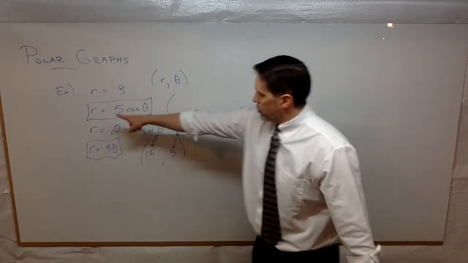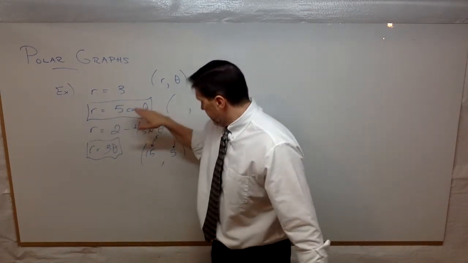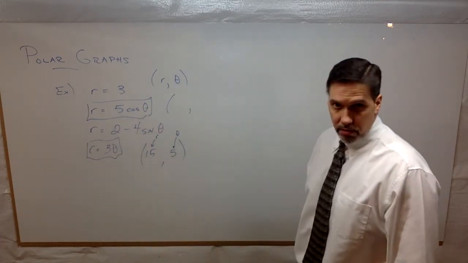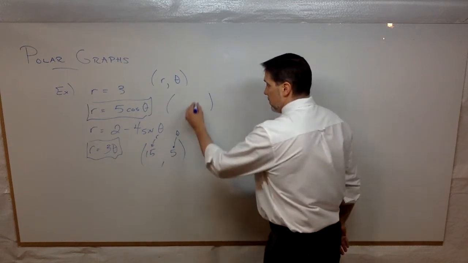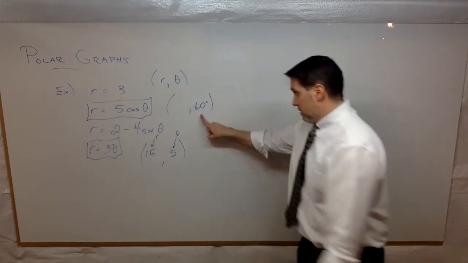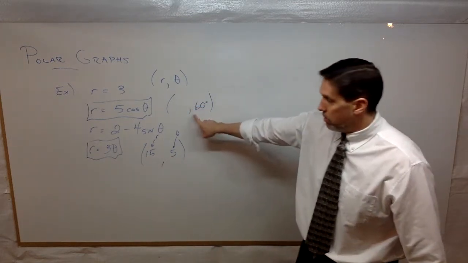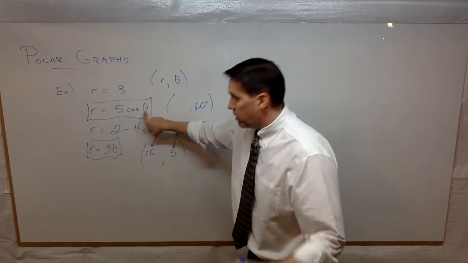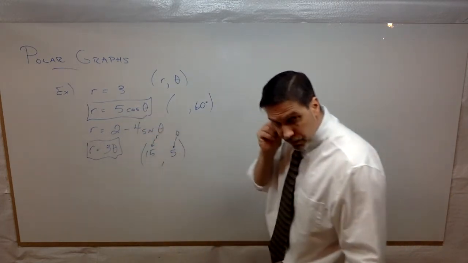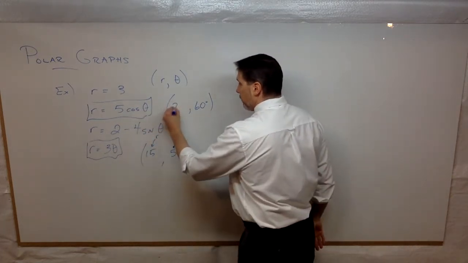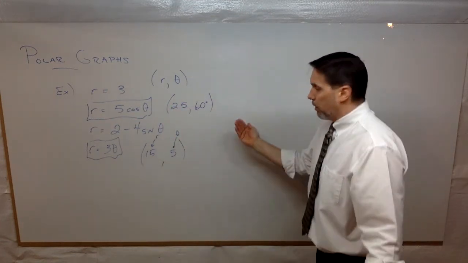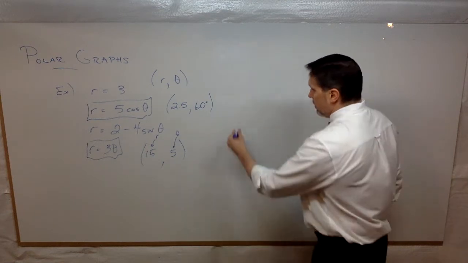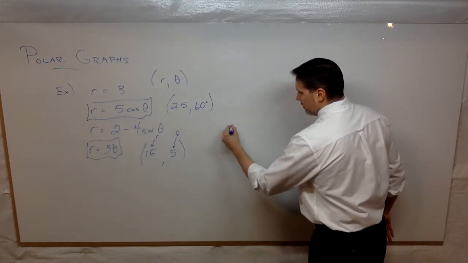Again, since we have it solved for r, it'd be much easier to substitute in a value for theta. So pick a value for theta, something easy. That should be easy, 60 degrees, because the cosine of 60 is a half. 1/2 times 5 is 5/2, or 2.5. So we would plot the point in the polar plane, (2.5, 60°), and you know what that would look like. This is freehand.